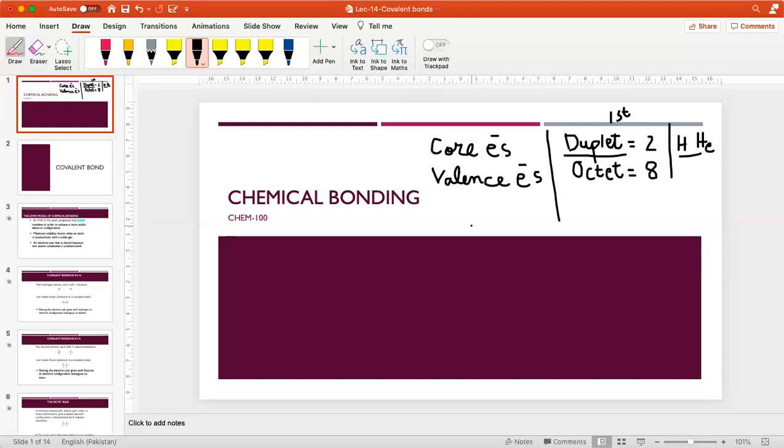So before I explain how covalent bonds are formed, I need to explain this, which is very important.